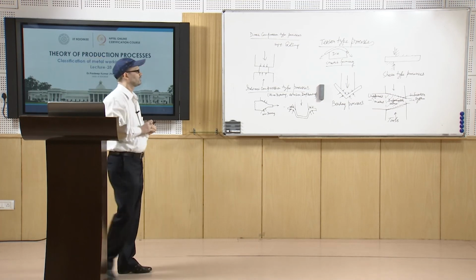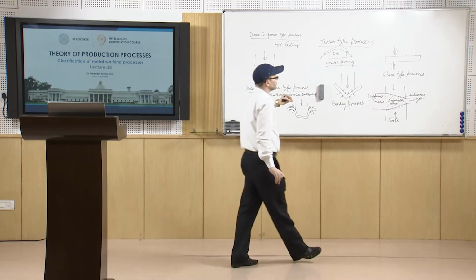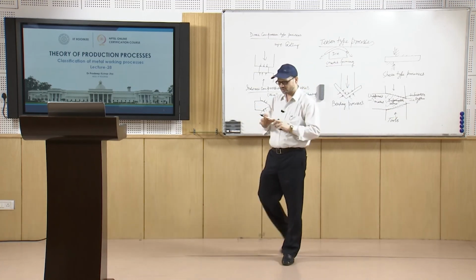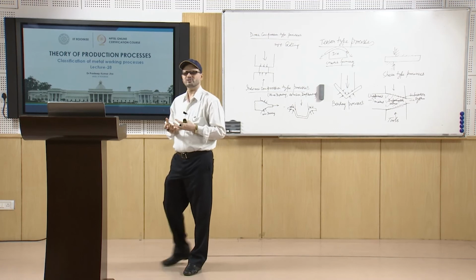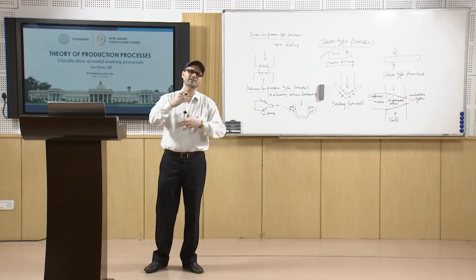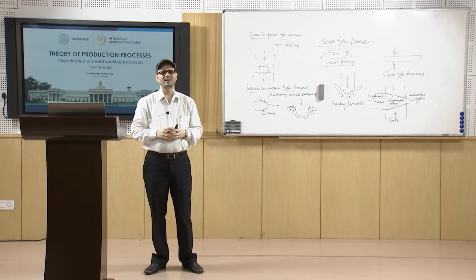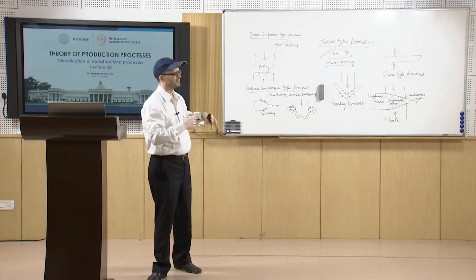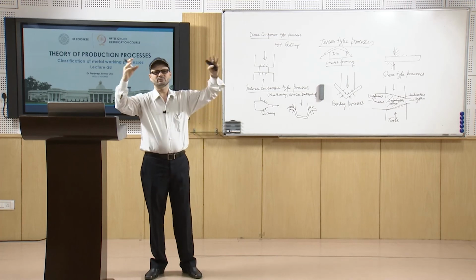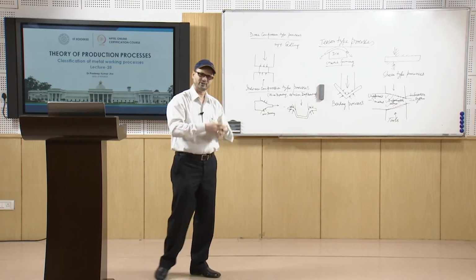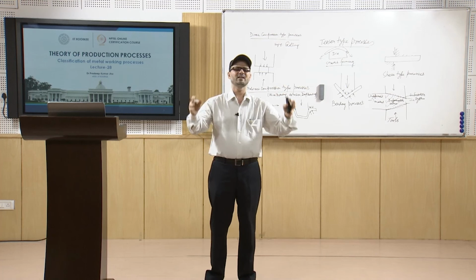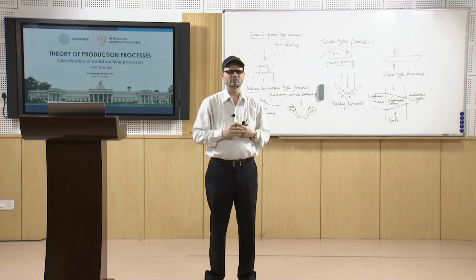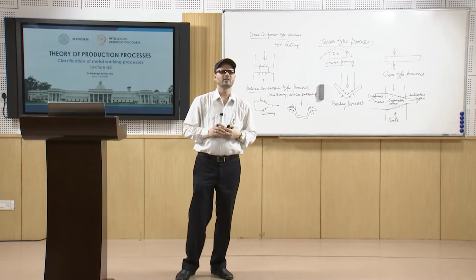All these are to be understood, along with the mechanism, to understand the whole process. When we discuss this as a whole, we call it deformation processing. You have the deformation processing maps, different types of graphs, different types of parametric analysis and all that. So they are known as deformation processing maps. So this is all about the classification of metalworking processes.